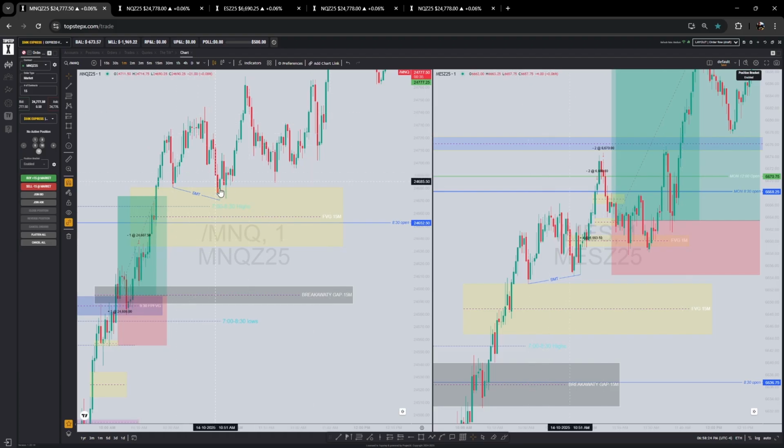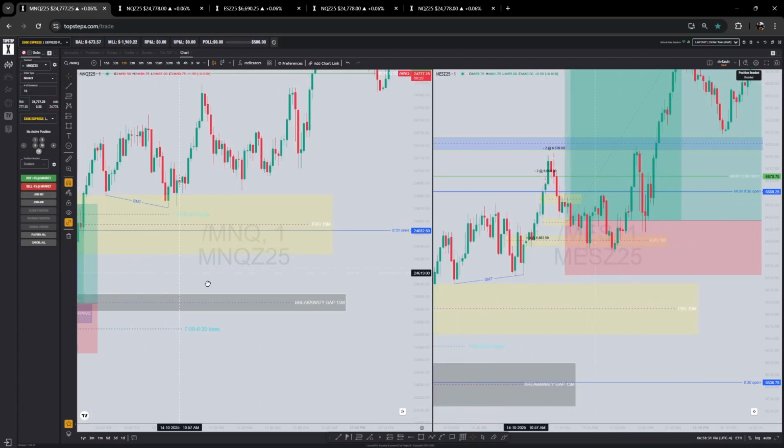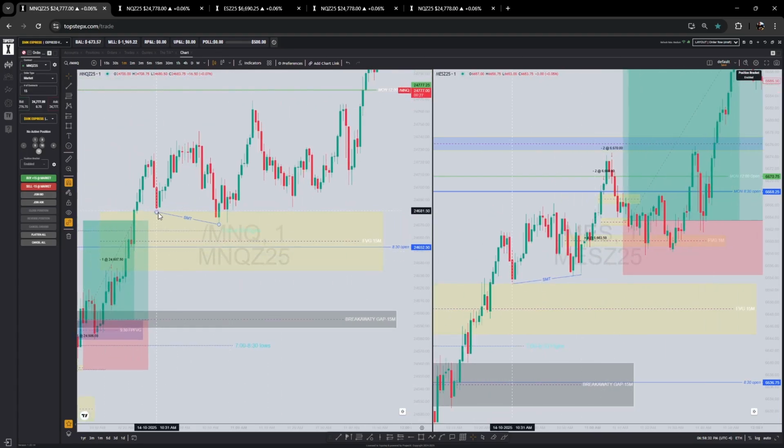When price retraced here, I was looking for a deeper retracement, but I saw price making SMT, and this is a high probability confluence when you make SMT in the fair value gaps, especially the higher time frame fair value gaps, followed by displacement. So we had SMT with NQ making a lower low and ES making a higher high. After we made the higher high, NQ took out this low, ES making the higher high.